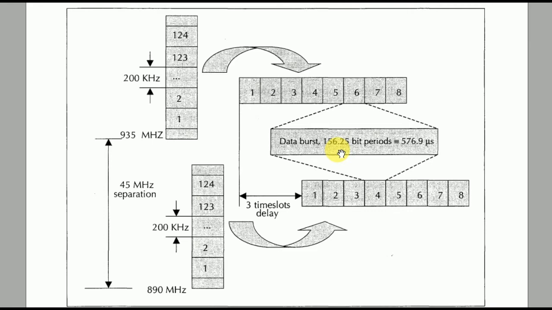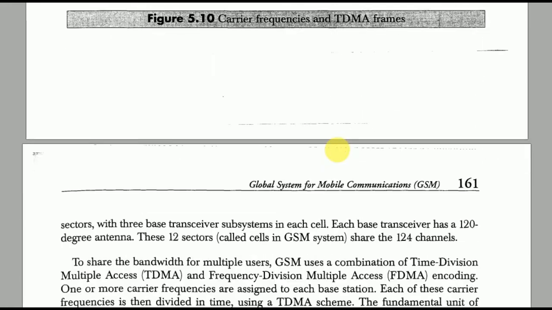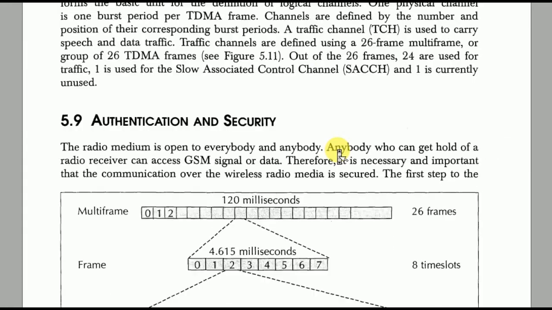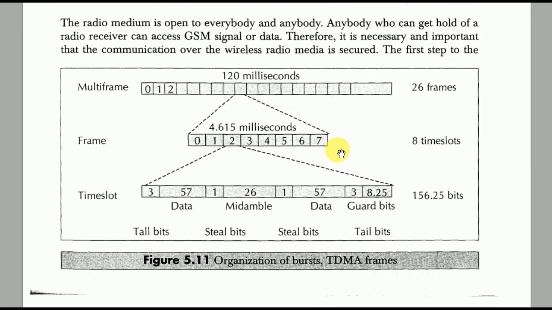A traffic channel, TCH, is used to carry speech and data traffic. Traffic channels are defined using a 26 frame multi-frame, or group of 26 TDMA frames.